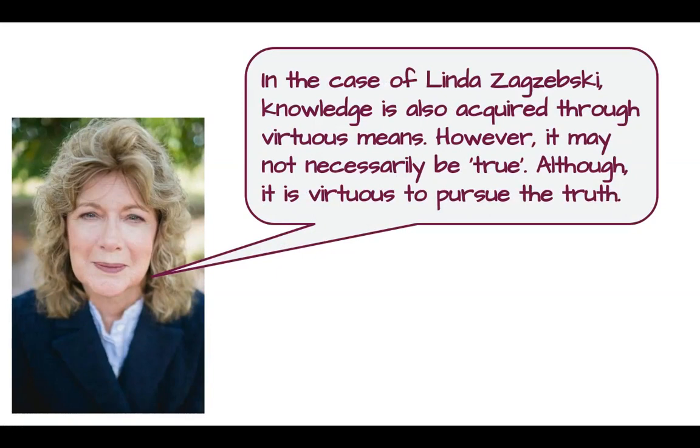Another person who believes in this theory is the philosopher Linda Zagzebski, and she says that knowledge is acquired through virtuous means. Although we're always looking to determine what knowledge we can gain, it may not necessarily be true, although she says it's always virtuous to pursue the truth.